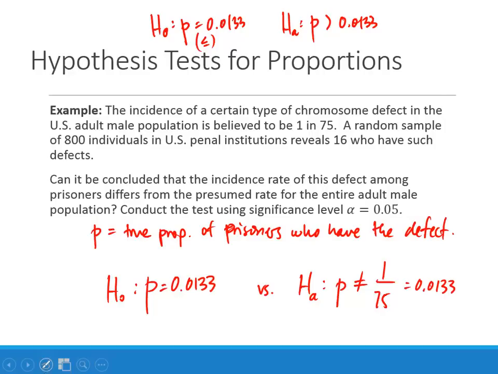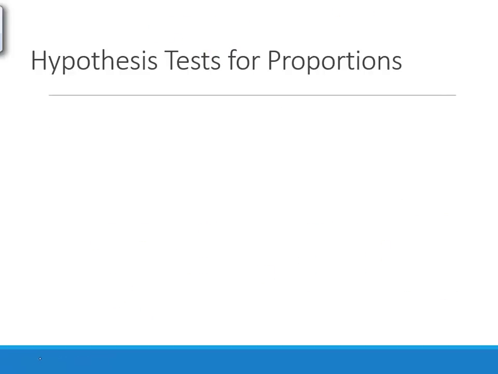Okay. So before I jump into my calculations here, I want to make sure that my conditions are okay, that I can use this procedure. So, random sample. Do I have a random sample?